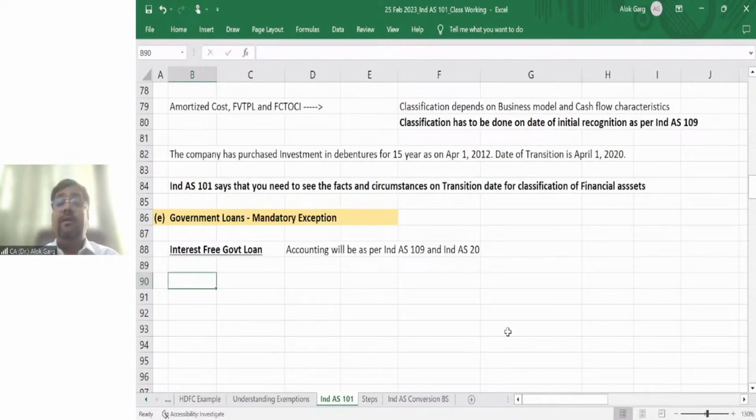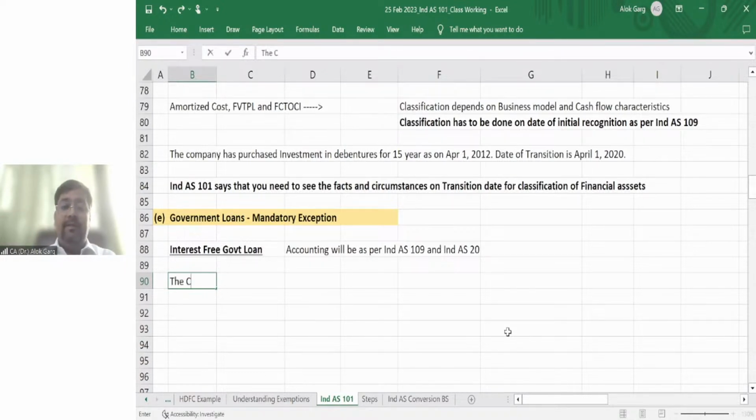The general rule is if the company is moving from IGAAP to Ind AS, the company has to apply all the requirements of Ind AS since beginning. But as far as government loan is concerned, Ind AS 101 says that the company can apply the requirement of Ind AS 20 and Ind AS 109 prospectively from the transition date, right?